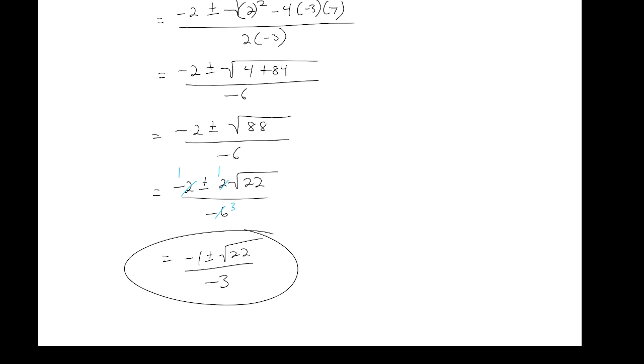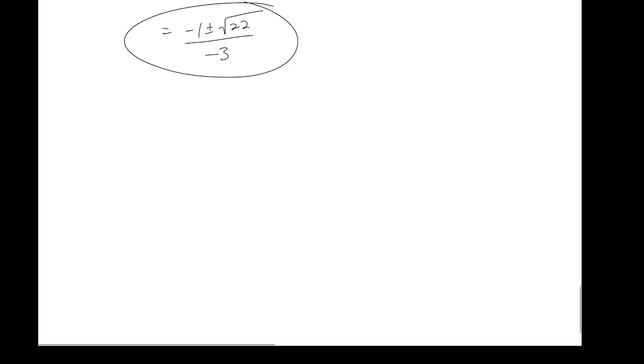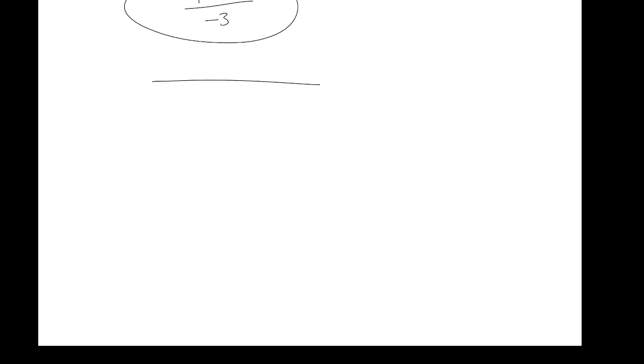Two more issues to resolve today. Very quickly, we're going to go over this in our next class anyway. There's something called the discriminant. Remember, we cannot take a square root of a negative number.